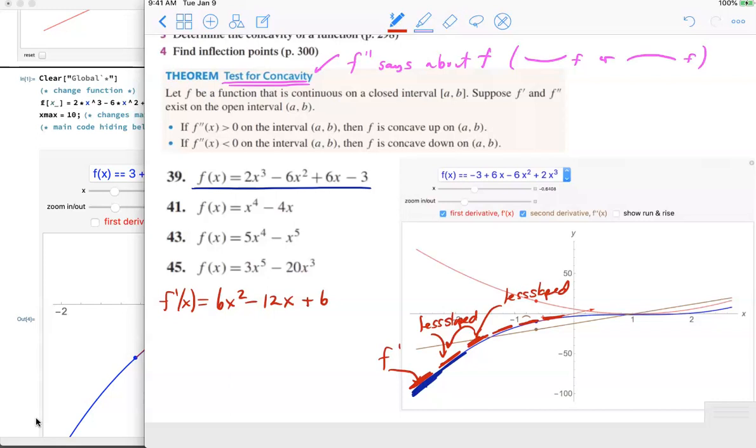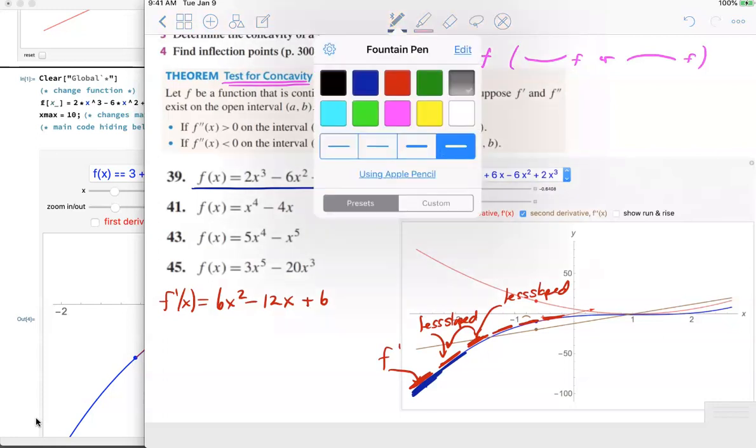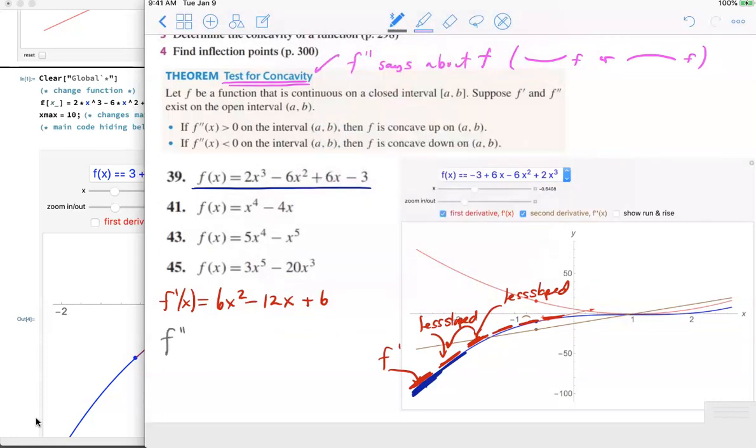So what we're going to look at here is the rate of change of the rate of change. So we're going to create a gray graph here. So let's look at the second derivative. And the second derivative is the rate of change of the derivative itself. And that rate of change is going to be 12x minus 12.